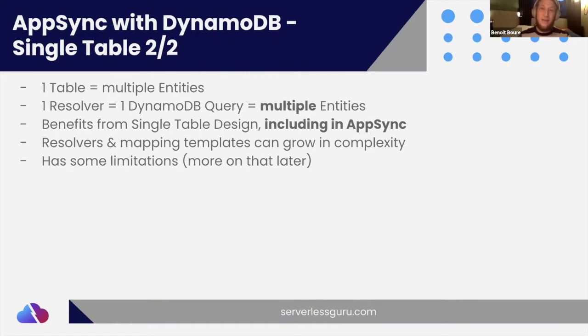If you had a user and you want to also get the user's orders, you could get all of them together and return it to your GraphQL client. So here you get the benefits from single table design also in AppSync. One downside to this is that resolvers and mapping templates can grow in complexity. It also has some limitations, but we'll talk about that in just a few moments.